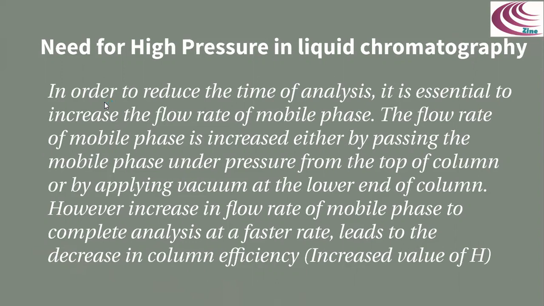However, an increase in the flow rate of the mobile phase to complete analysis at a faster rate leads to a decrease in the column efficiency. Decrease in column efficiency means what? As we have seen in the Van Deemter equation, that will be an increased value of H. So that's why the need for high pressure in liquid chromatography.